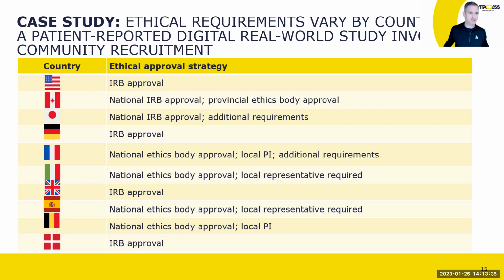So you see the US, UK, Denmark. In other countries, there were local approval bodies that had to be sought, and in some countries there was even a local principal investigator that was required, and some additional requirements. So really a bit of a patchwork across those different countries. So again, what I said previously about researching this early is a really important piece of advice. Carrying on.